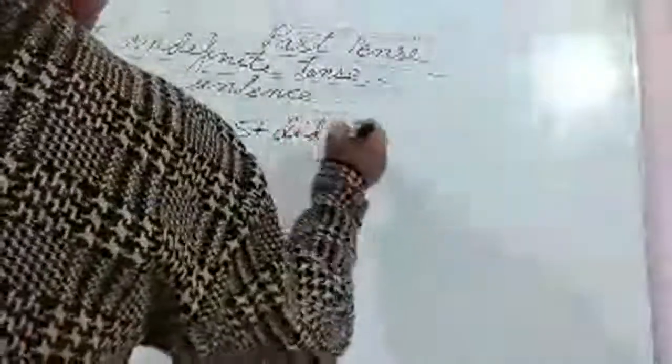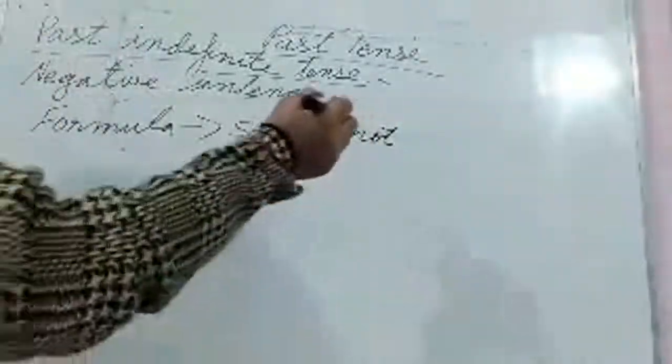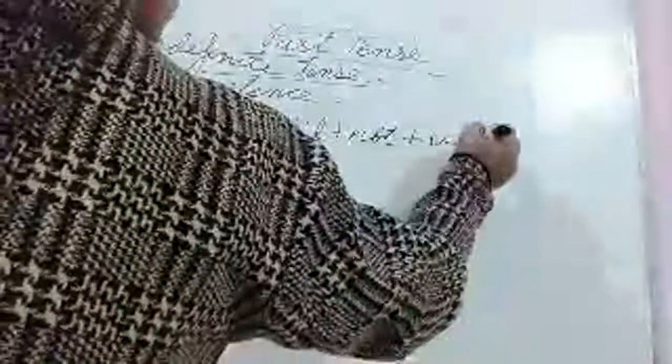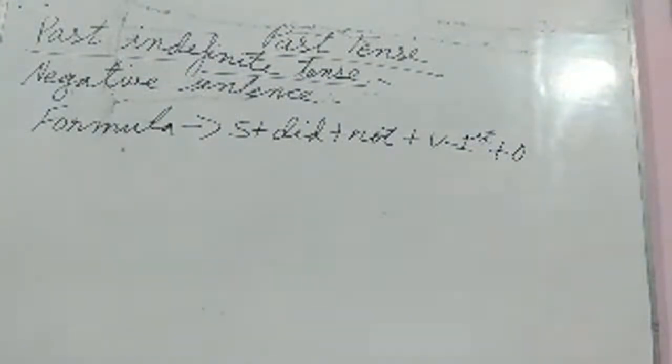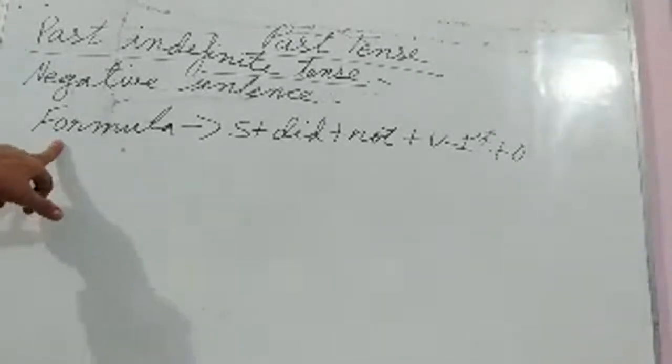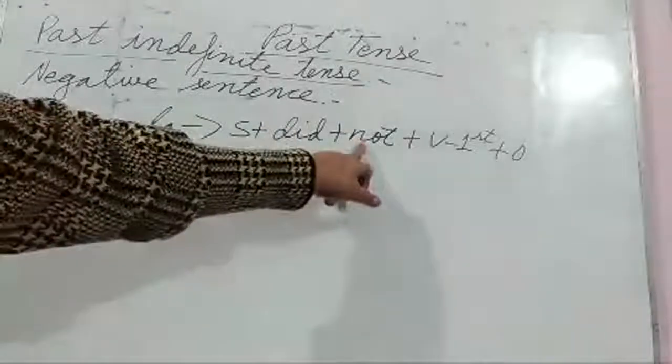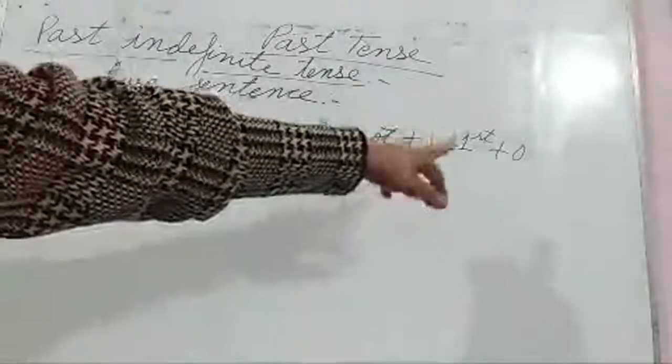Okay, so the formula for the negative sentence in past indefinite tense is subject plus did plus not plus verb of first form and plus object.